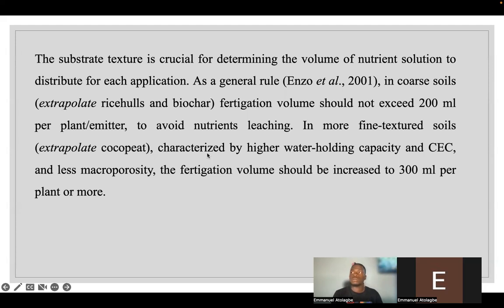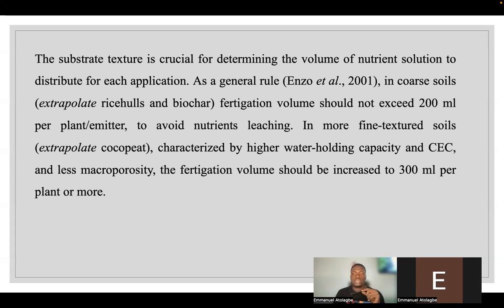So another concept to look at is a chemical characteristic. While the substrate texture is a physical characteristic to take note of when irrigating or fertigating, the CEC is a second chemical characteristic to take note of.